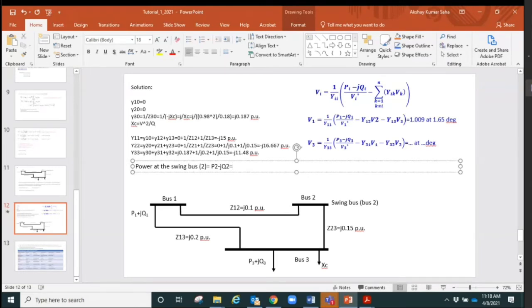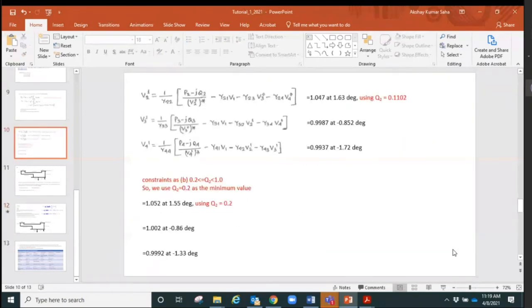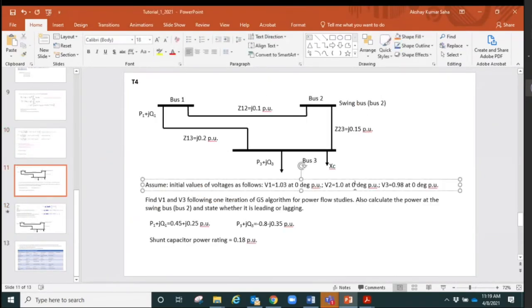V2 conjugate times I2. I'm writing it in brackets, because putting the superscript and subscript in this PowerPoint is challenging. V2 was given in the problem in the first place, 1 at an angle of 0 degrees per unit.